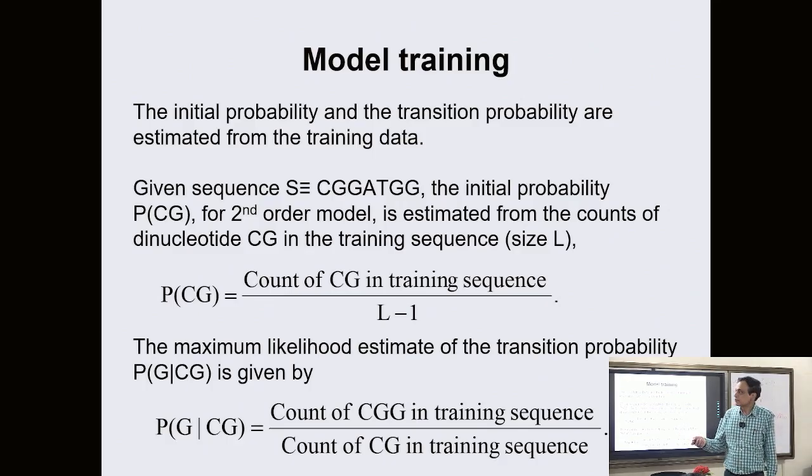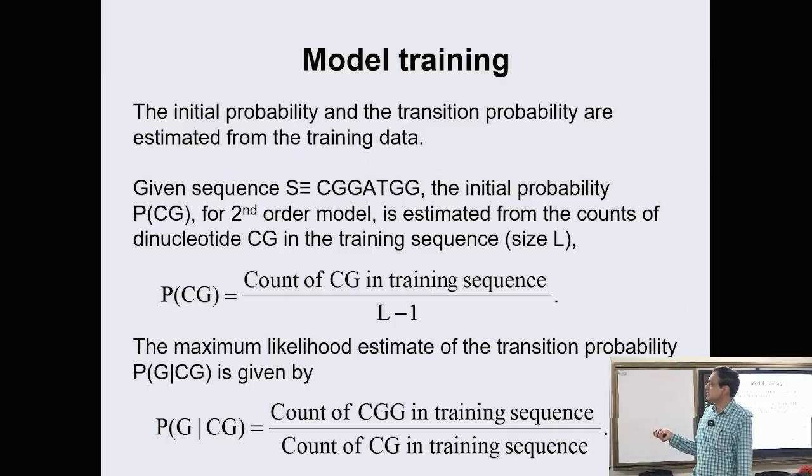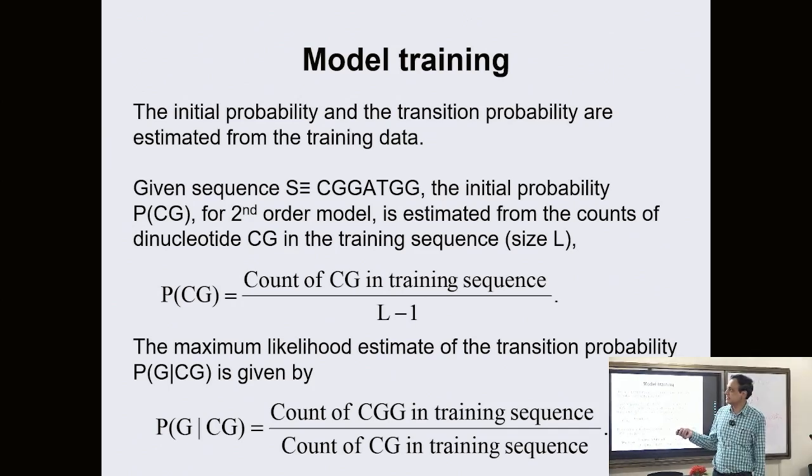The probability of this dinucleotide can be estimated from the counts of the dinucleotides. So how many total dinucleotides are there in this sequence, all possible dinucleotides? CG, GG, GA, AT, TG, GG. So how many in total?